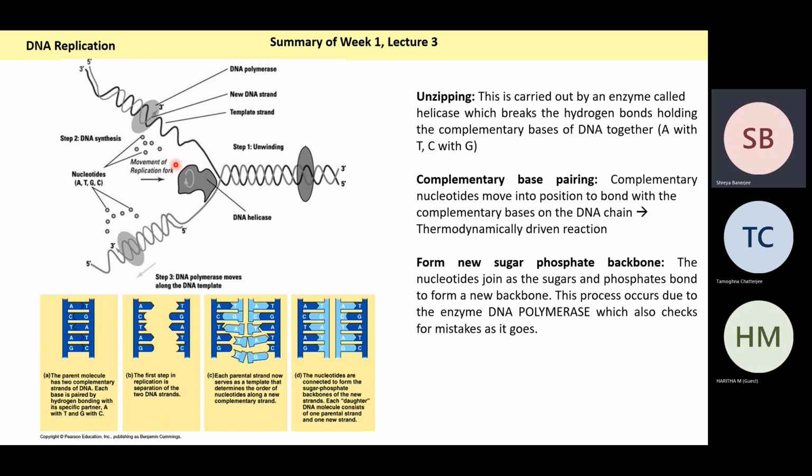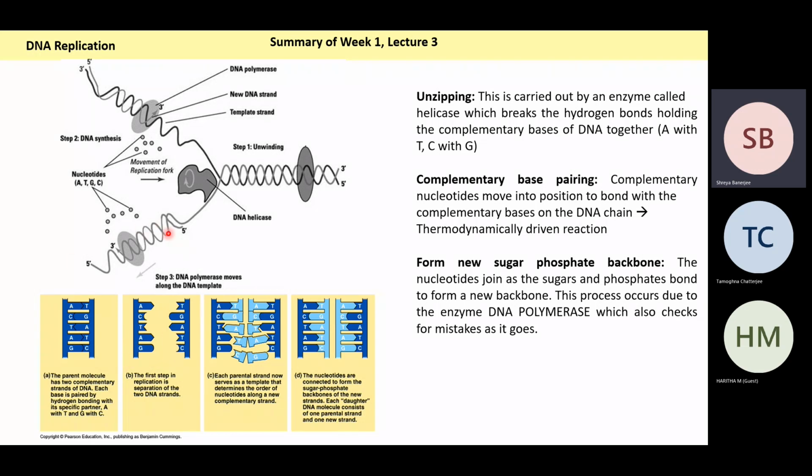The next step is complementary base pairing. Once the DNA is unfolded into 2 single strands, different nucleotides move into position and couple with the single strand. Like here, if there is an A, the T will come and couple with it. If there is a G, C will couple with it.